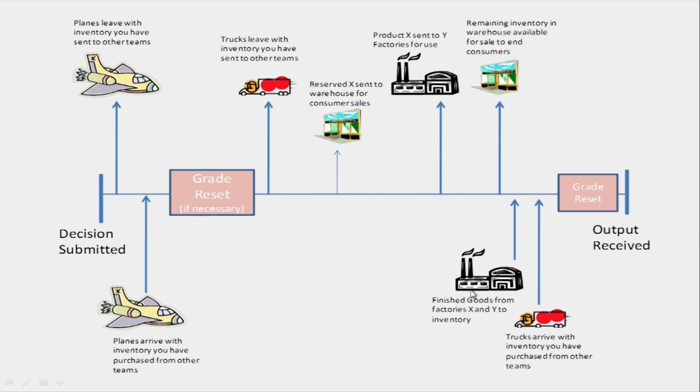The next thing that happens is the finished goods from the factories, X and Y, go to inventory, and then trucks arrive that have inventory that you have purchased from other teams. Okay, so if somebody else sends you inventory, you'll see that it arrives right at the end of the period, and you'll see that it's in your inventory when you get your output.